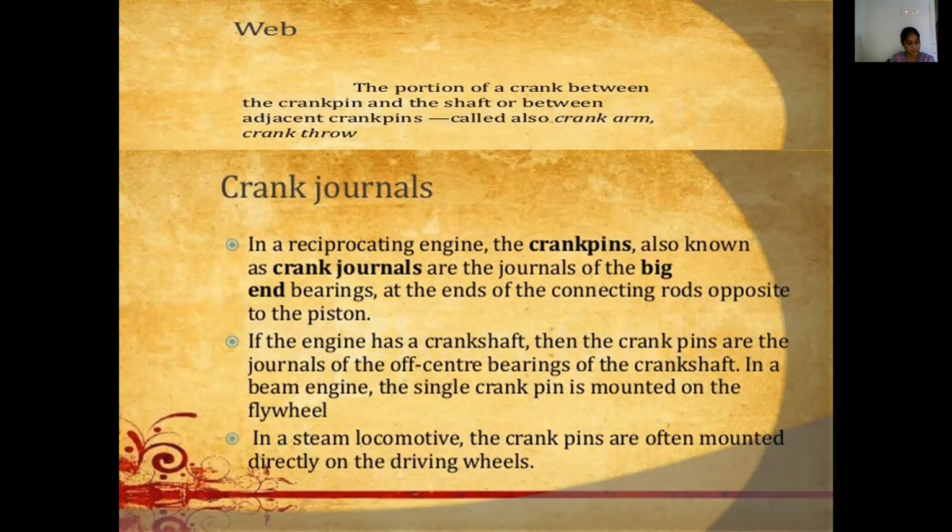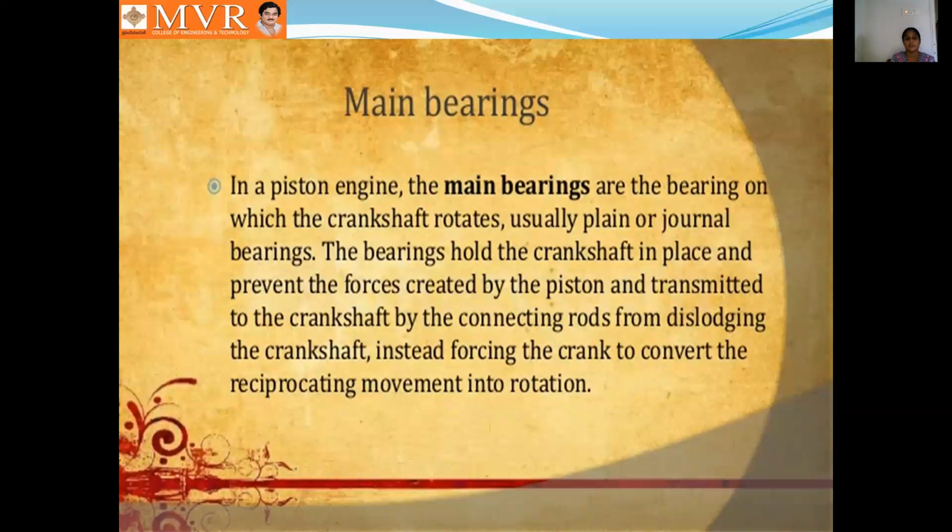If the engine has a crankshaft, then the crank pins are the journals of the off-center bearing of the crankshaft. In a beam engine, the single crankpin is mounted on the flywheel. In a steam locomotive, the crankpins are often mounted directly on the driving wheels.